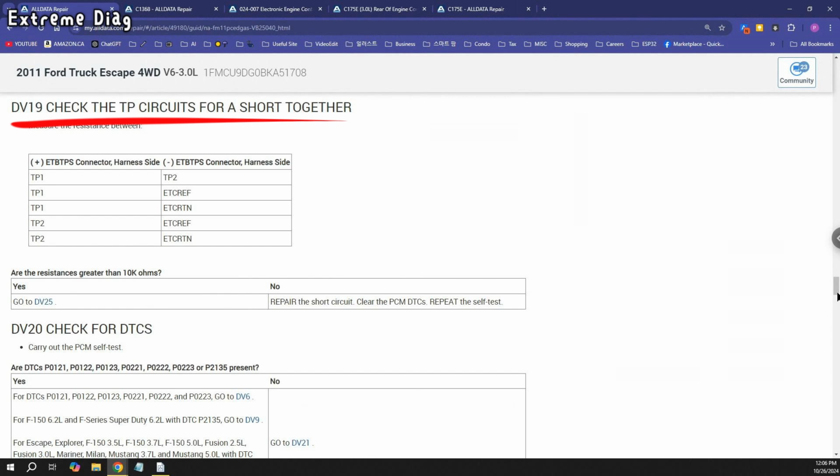DV19 says to check for shorts between the wires. Check for shorts between TP1, TP2, ETCREF, and ETCRTN circuits.